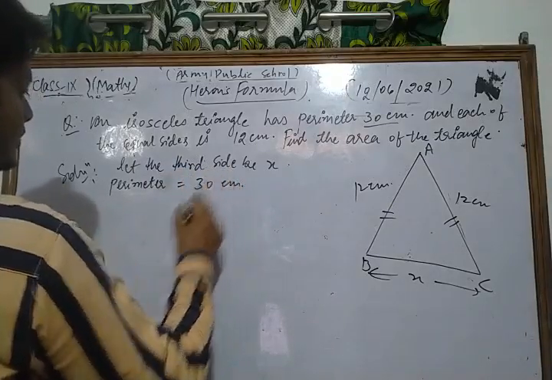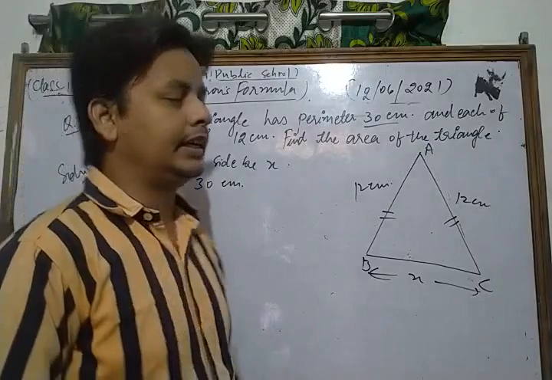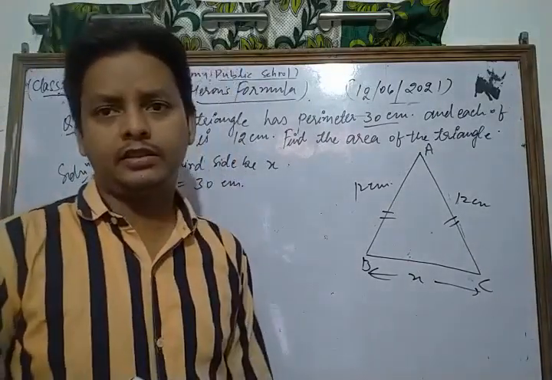And you know that the perimeter of the isosceles triangle is also given as 30 centimeter. The sum of all its sides is called the perimeter.